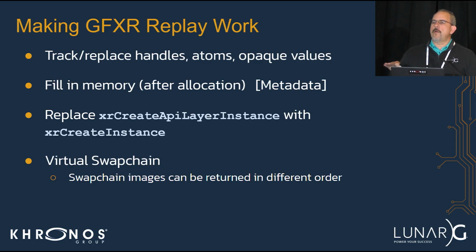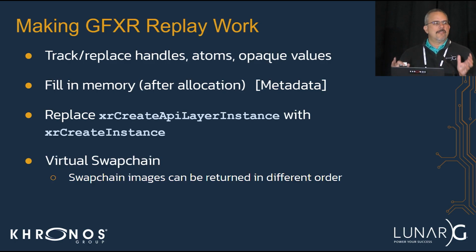We also do this thing called virtual swap chain. For those of you who don't know, whenever you capture with a swap chain, let's say you have 3 images. You're not guaranteed to get those images in order 1, 2, 3, 1, 2, 3, 1, 2, 3 all the time. You could get 1, 2, 3, 2, 3, 1, 3, 2, 1, in whatever order. But that order also is baked into the capture file.